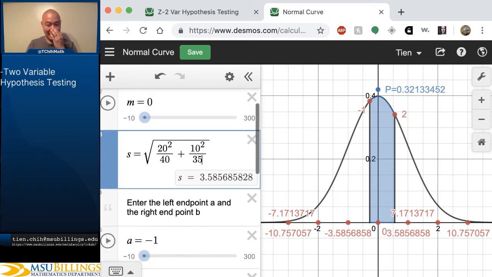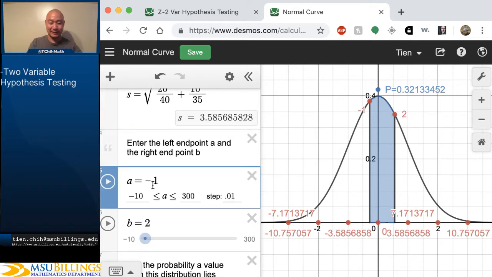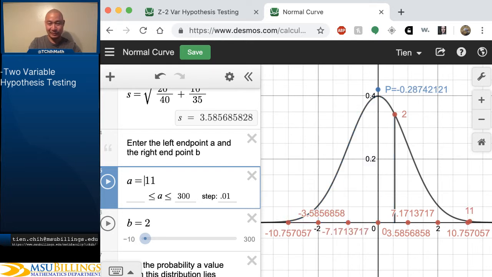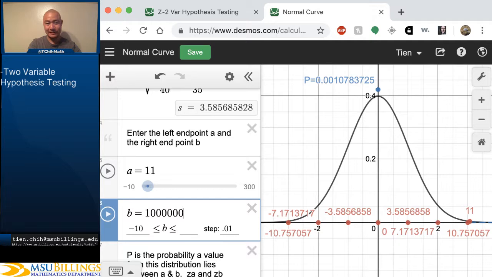Our standard deviation is the square root of 20 squared over 40 plus 10 squared over 35. And we want to know the probability that it's more than 11. So let's go from 11 to a million, which gives me the rightmost tail.